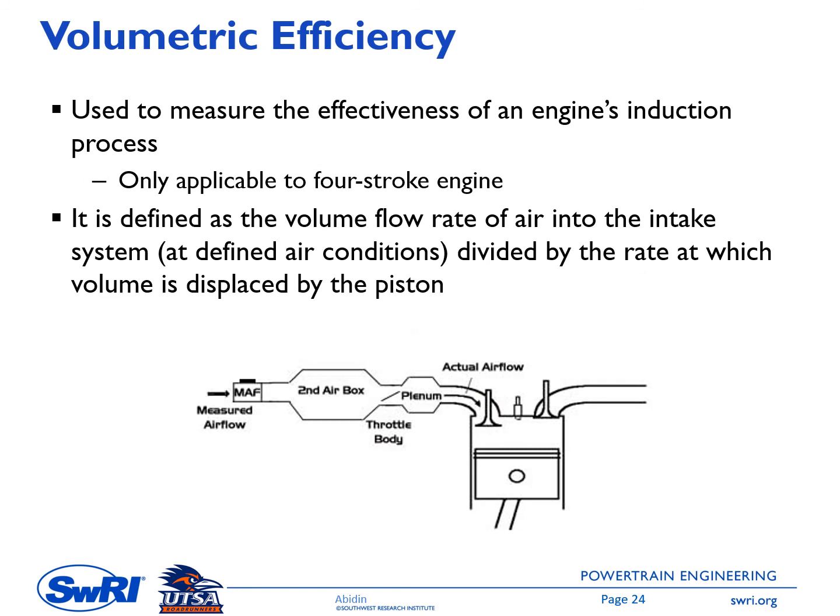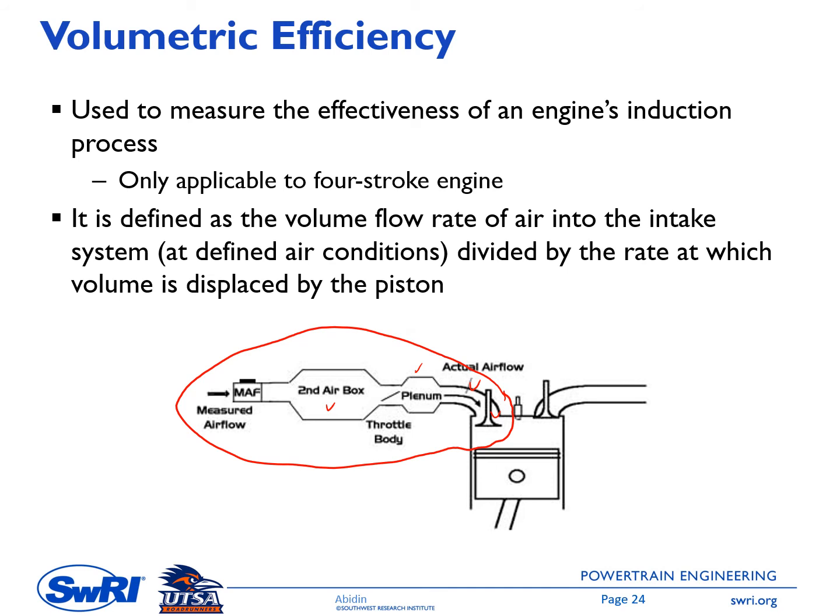The next parameter is volumetric efficiency. The intake system of an engine usually consists of the intake manifold, in this case a plenum, and then might be an air filter, intake runner, intake valve, and so on.